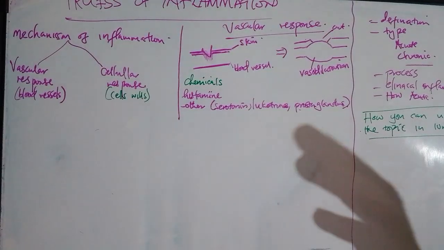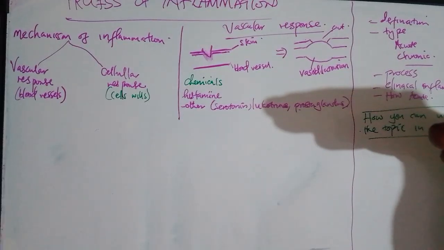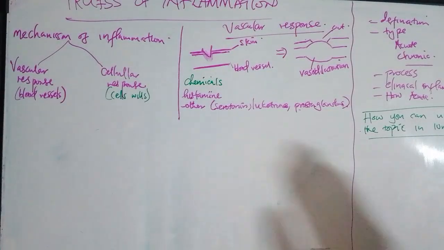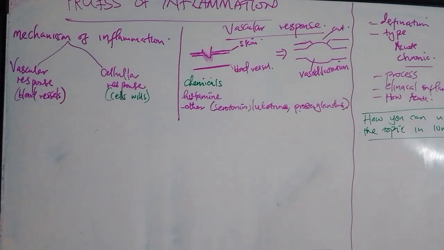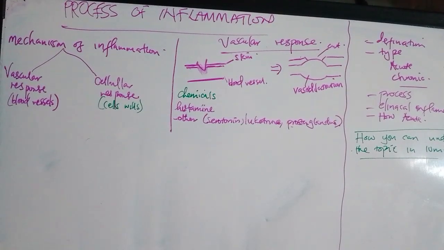This vasodilatation is caused by the release of histamine and other chemicals such as serotonin, leukotriene, prostaglandin. They can ask you in your MCQ, which of the following are chemical mediators in inflammation. So you need to know that you have histamine, serotonin, leukotriene, and prostaglandin, which cause the vessels to dilate. So now, how can you write this as a point?